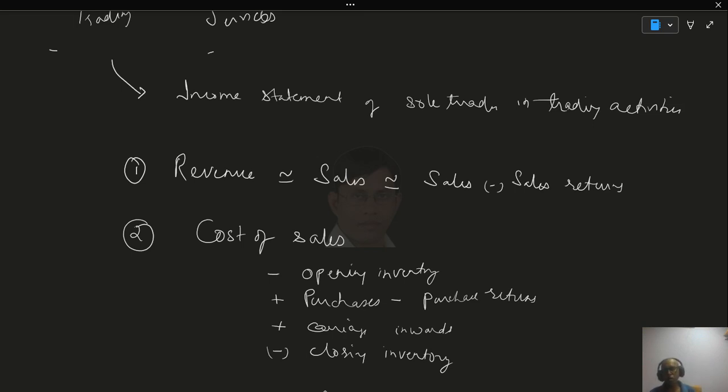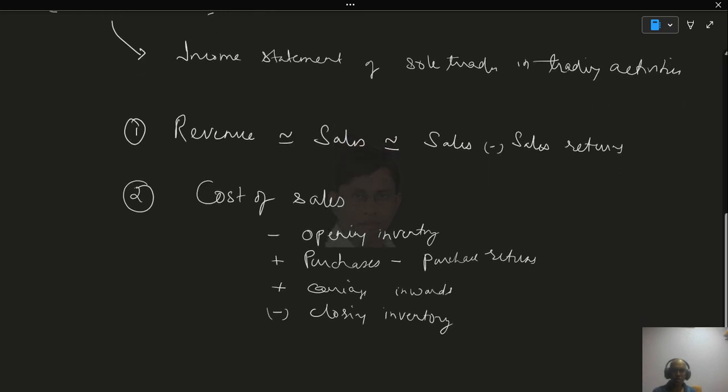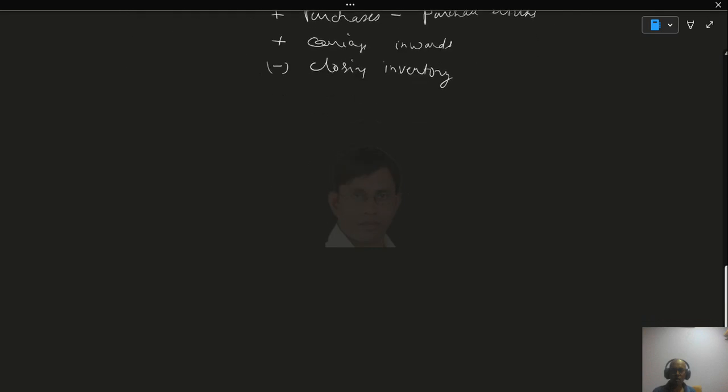First step is revenue, learn revenue. Second step is cost of sales, learn cost of sales. Third step. So once you get this, you get gross profit.